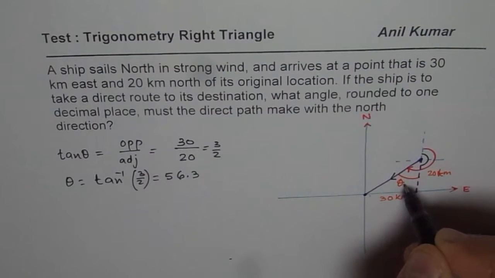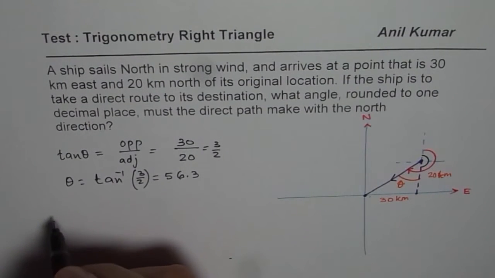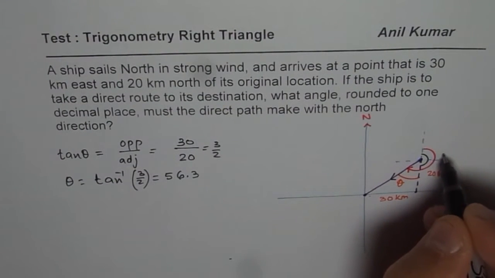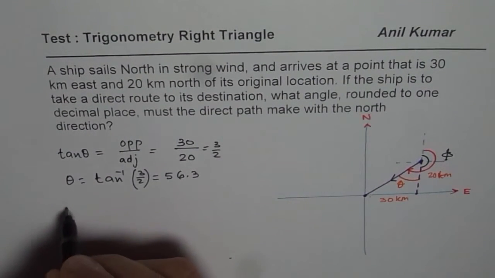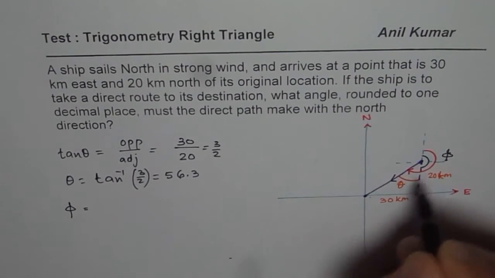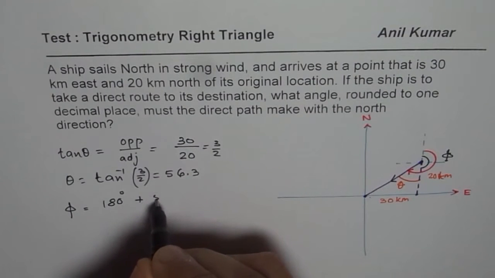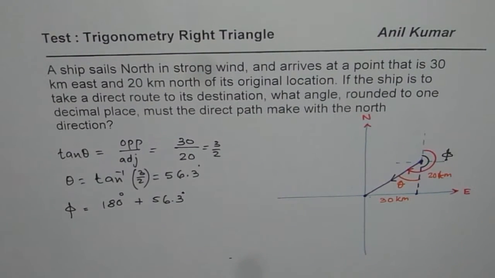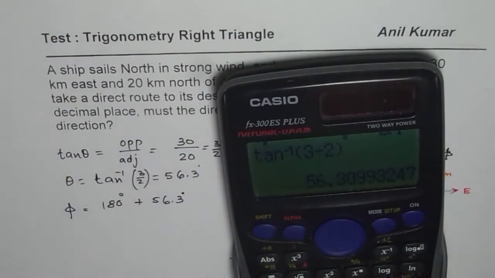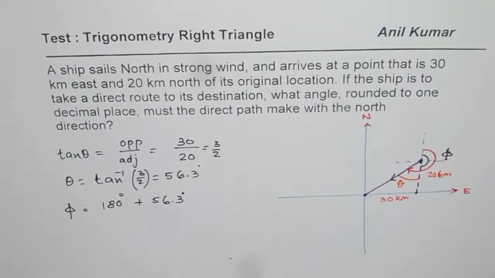So the angle from north to return will be how much? Let's call this angle phi. These are Greek symbols. So angle phi to return will be 180 degrees plus 56.3 degrees, which equals 236.3.